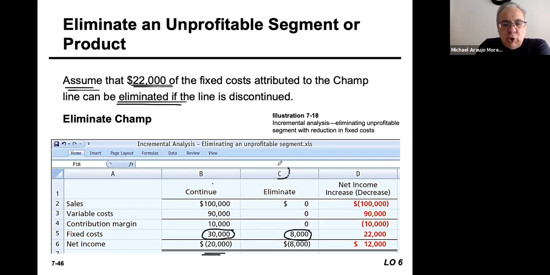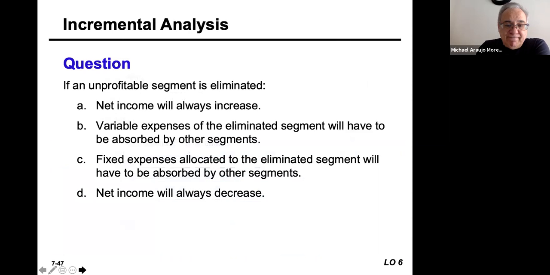However, with this new assumption that a lot of the fixed costs could be eliminated and only 8,000 of fixed costs would be remaining, well, eliminating the business means we're only losing 8,000 versus losing 20,000. That's the same as adding another 12 grand to your profit at the end, because you're reducing your loss for this company, for this product. And so in this case, eliminate. It's time to eliminate. Okay.